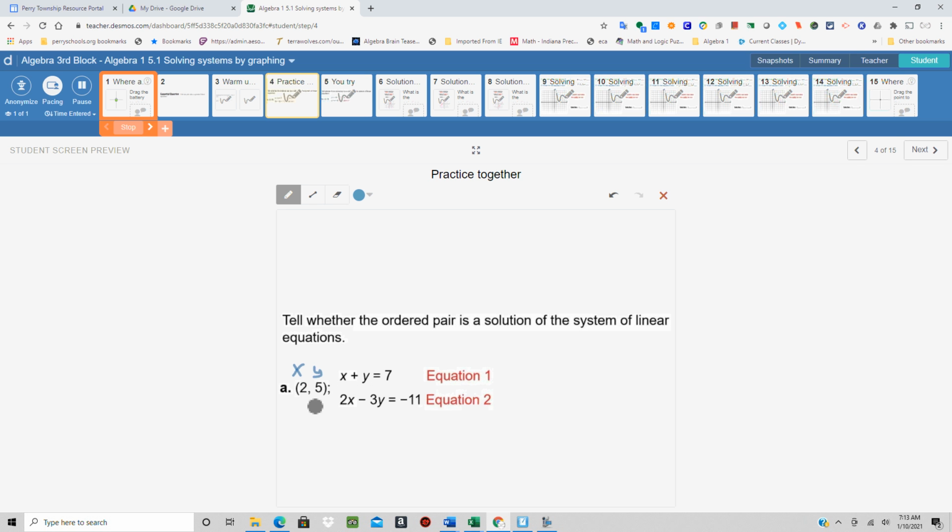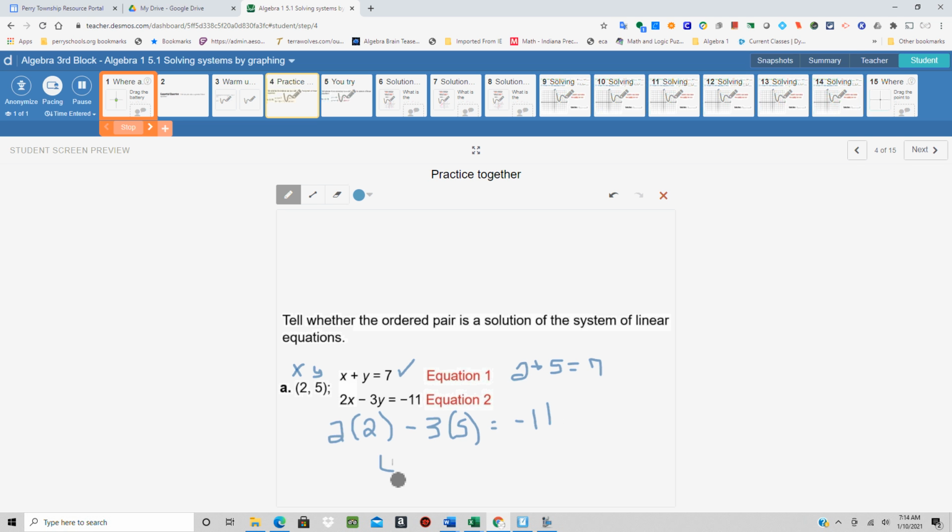So my x is 2, my y is 5. I would end up with 2 plus 5 equals 7. I can do that in my head. That is going to be good. But then I need to check this one as well. 2 times 2 minus 3 times 5 equals negative 11.